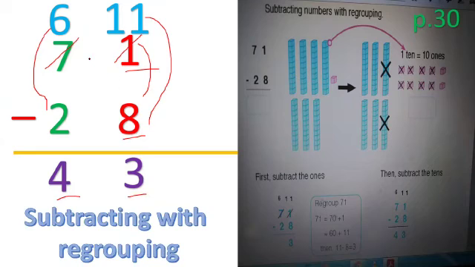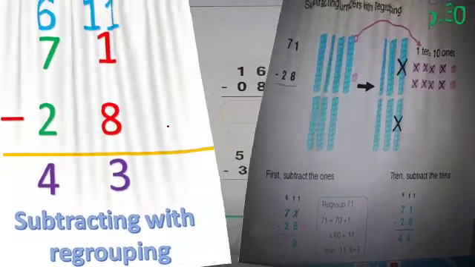We take 1 ten from the tens and we put it to the ones in order to subtract two-digit numbers, because if we want to subtract 8 from 1, 1 cannot subtract 8 because 1 is less than 8.